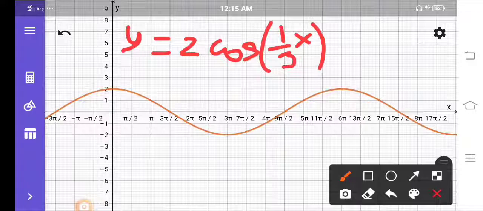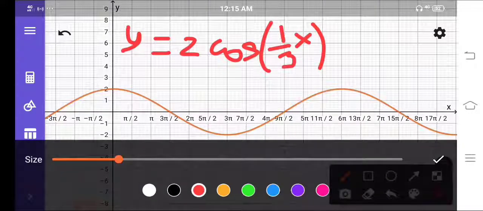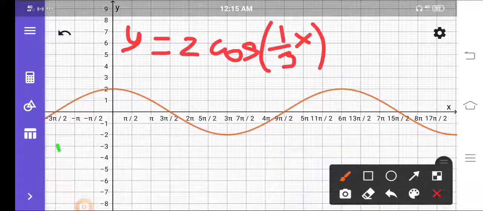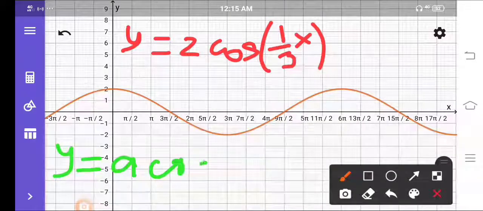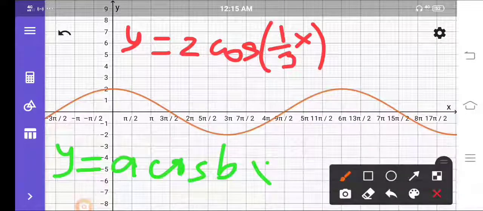So if you're to consider y is equal to a cosine bx, the amplitude is the absolute value of a.